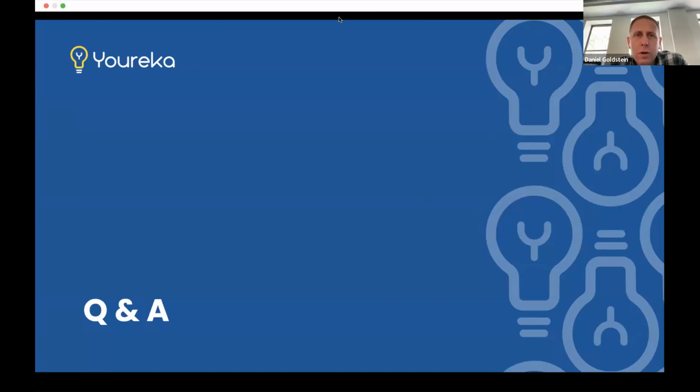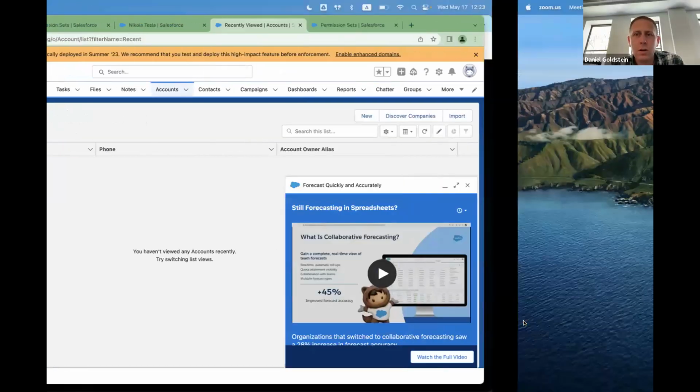While we're waiting for more questions to come in, please take a look at our, let me share my screen and I can try to show this. Our knowledge base and release notes are up to date. We spend a fair amount of time every release making sure they're up to speed.